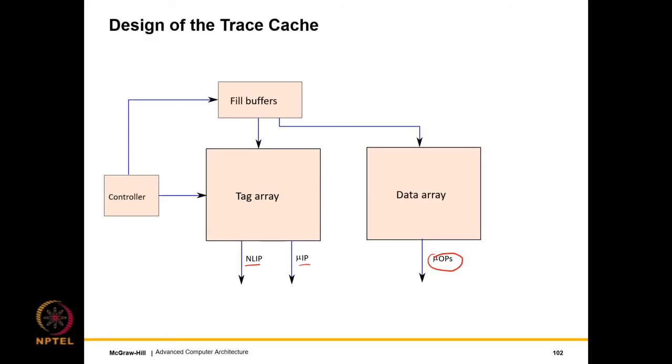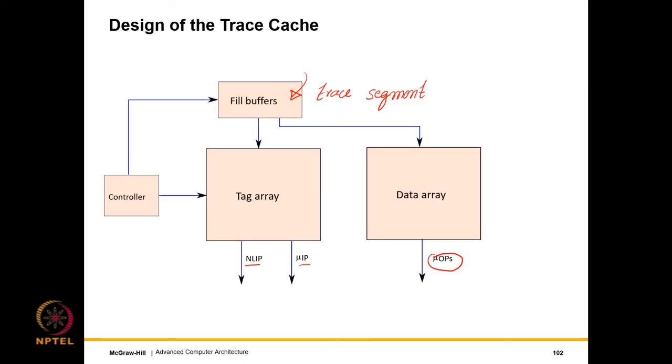In this case, the controller is smart because the controller is something that needs to implement the trace cache. So it has to be smart. And we have a fill buffer that locally constructs a trace segment. And once the trace segment has been constructed, it is transferred to the data array primarily, but an entry is also made in the tag array. So this is broadly speaking an overview of the trace cache, and let's get into the details.